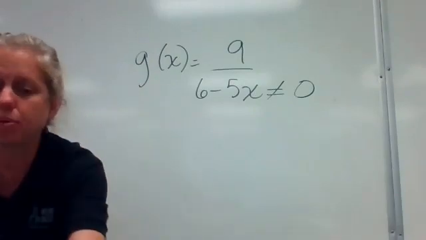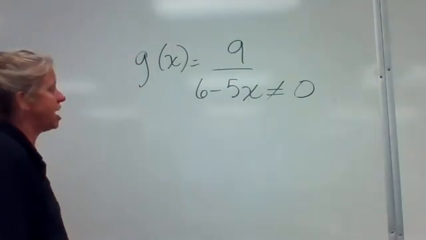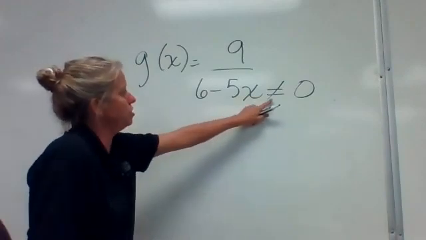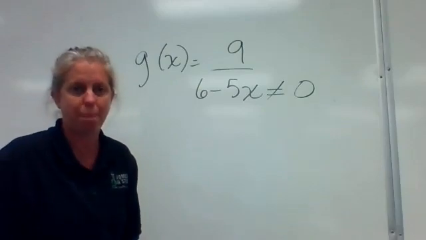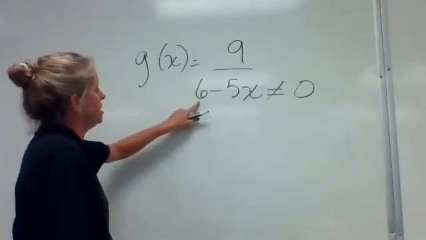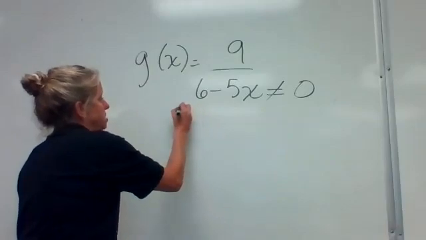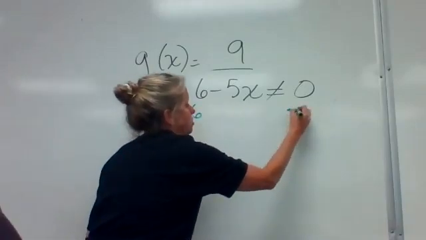Okay, this one's not as simple to just look at and figure out what the answer is. So this one, remember, you just set it not equal to 0, but then solve it just like a regular equation. So in other words, I need to get rid of this positive 6 by subtracting 6 off both sides.